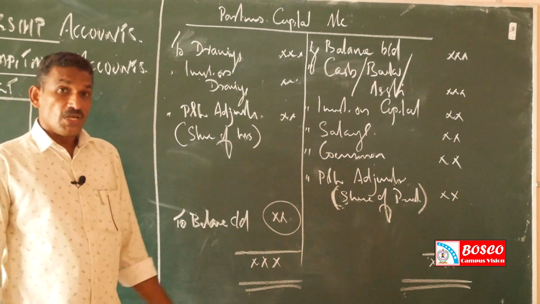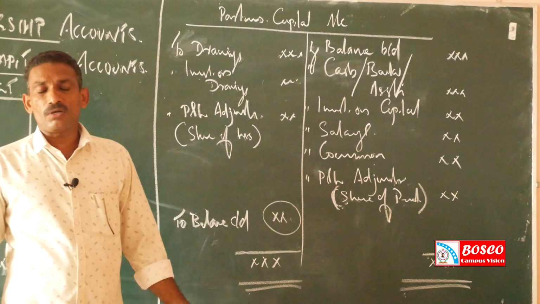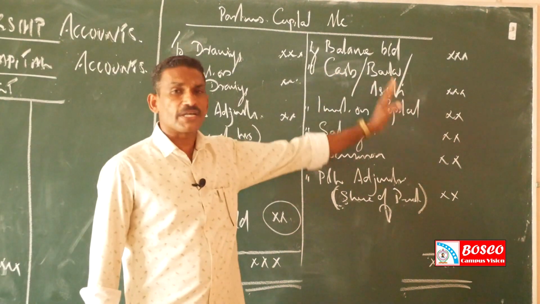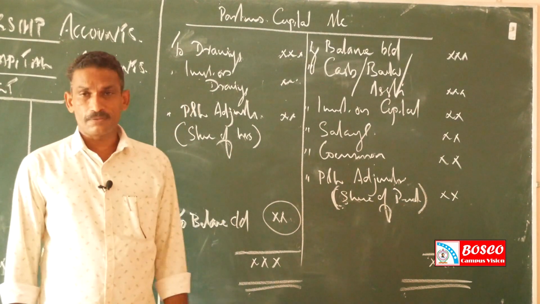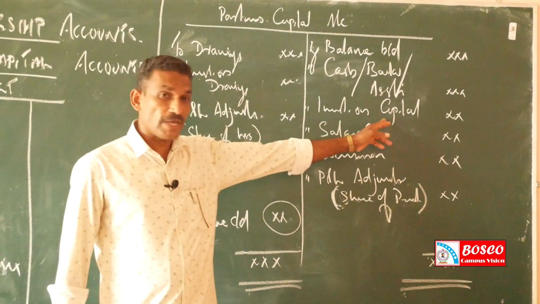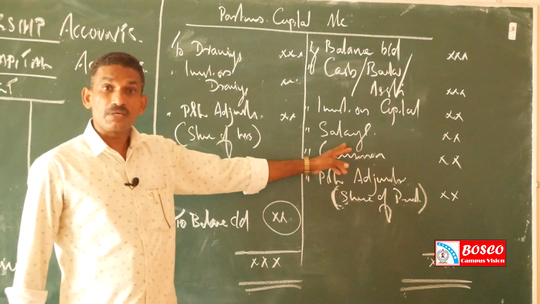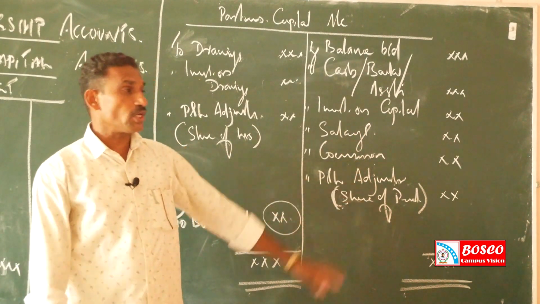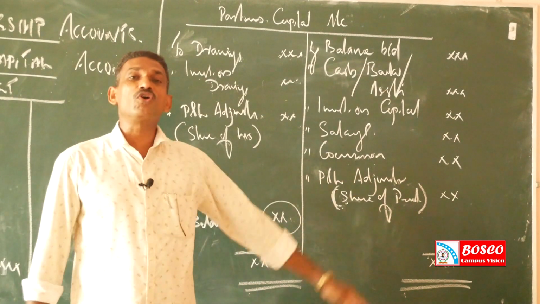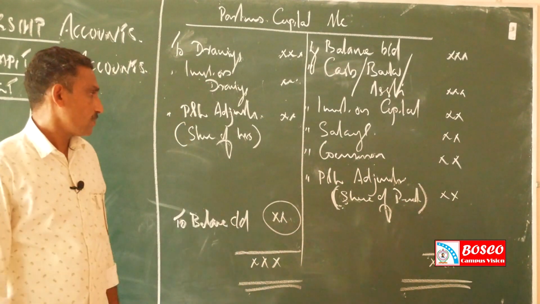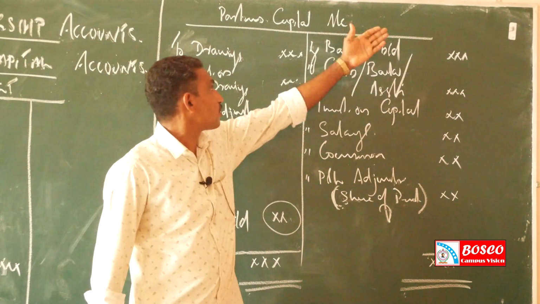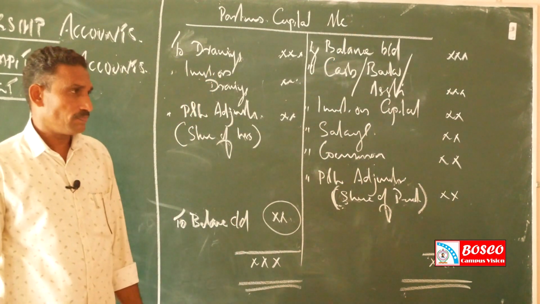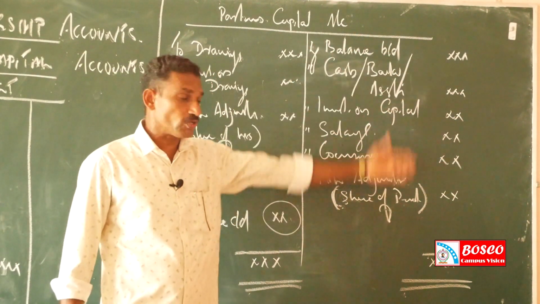Then, if additional contributions are made, they are also shown on the credit side as by cash or by bank. Then interest on capital, then partner's salary, then partner's commission, then share of profit if any. All these items are shown on the credit side of the capital account. These are the usual items.